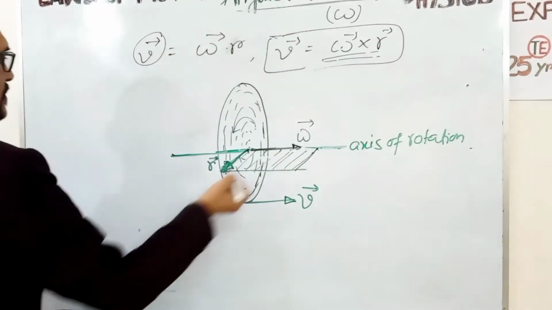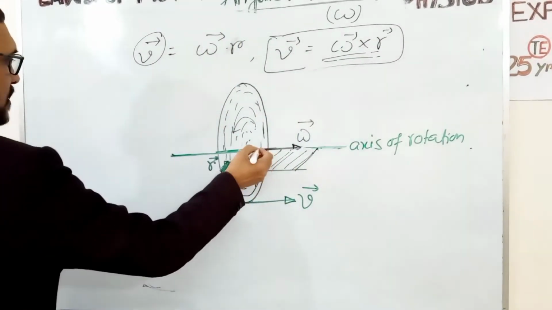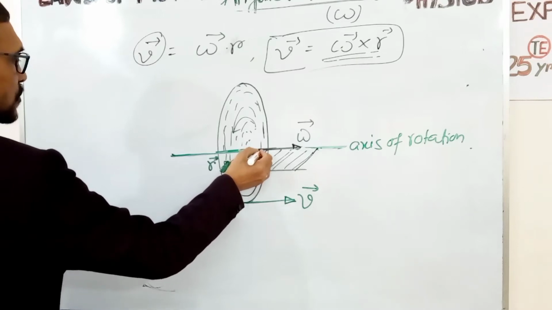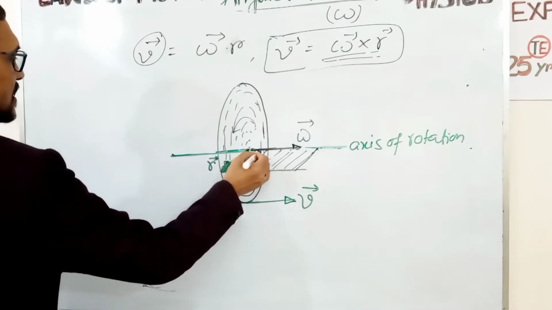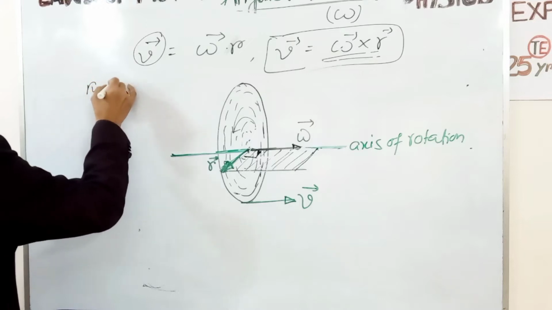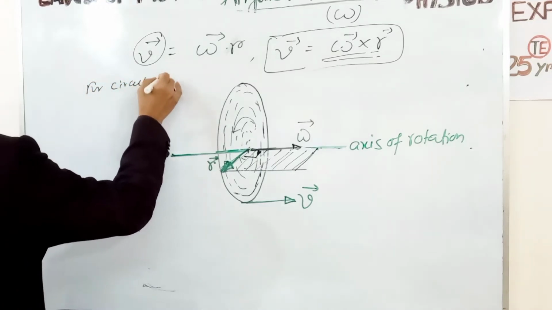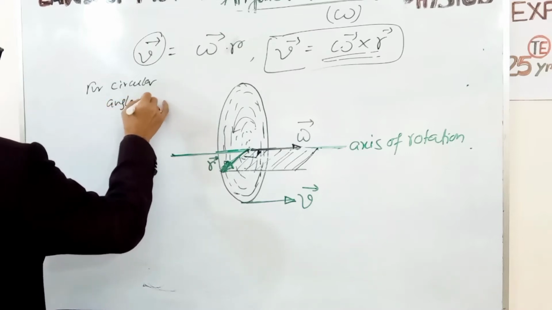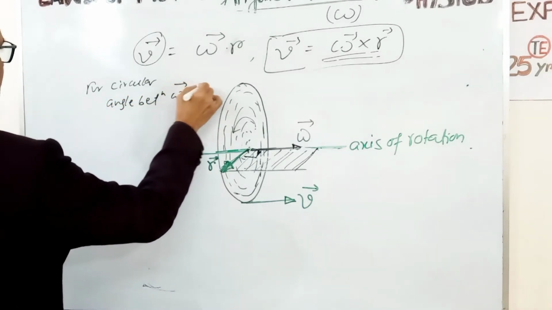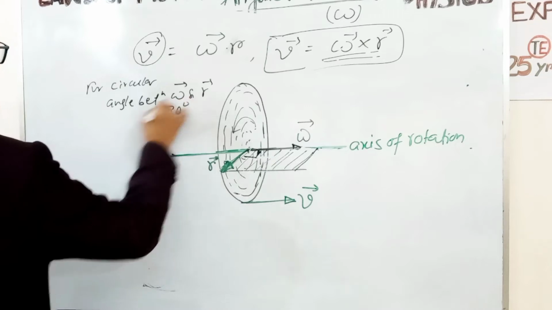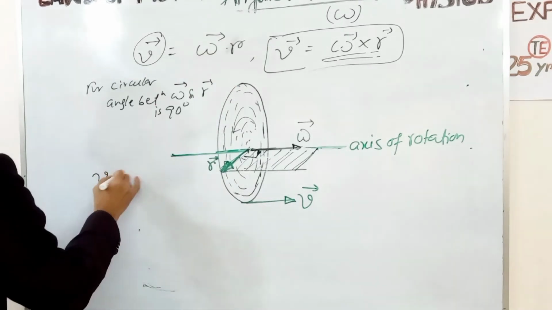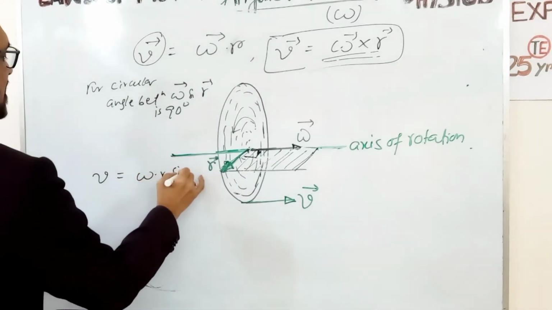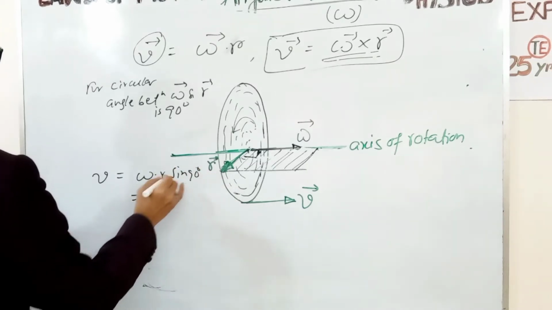For the particular case of circular motion, the angle between omega and r is 90 degrees. If we take magnitude on both sides, v equal to omega r sin 90 degrees, that is omega r.